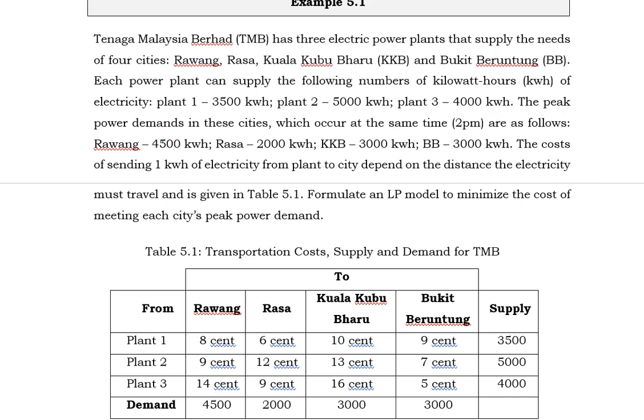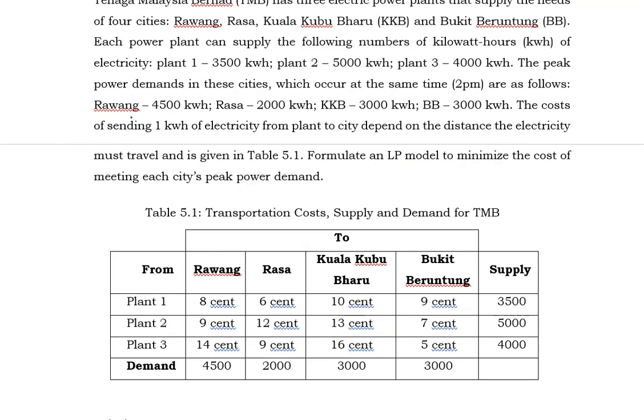The peak power demands in these cities, which occur at the same time, are as follows. Rawang demands 4,500 kilowatt hours of electricity. Rasa must receive 2,000 kilowatt hours.